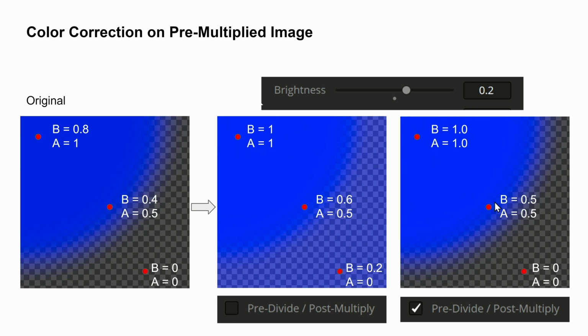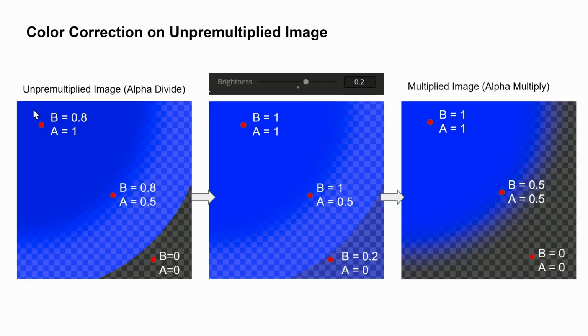And if you go to the unpremultiplied image, then you do not have this problem, because unpremultiplied, you just do the same operation, add 0.2 everywhere, but in the semi-transparent area, you go from 0.8 to 1, same as in the fully solid area. So there you don't have any problem. Outside, you're also increasing, but that's not a problem either, because once you multiply, all this goes away. And here you are applying the alpha channel like if there was never an alpha channel before, and the way you apply it, it's applied correctly. So your color corrections work correctly again.